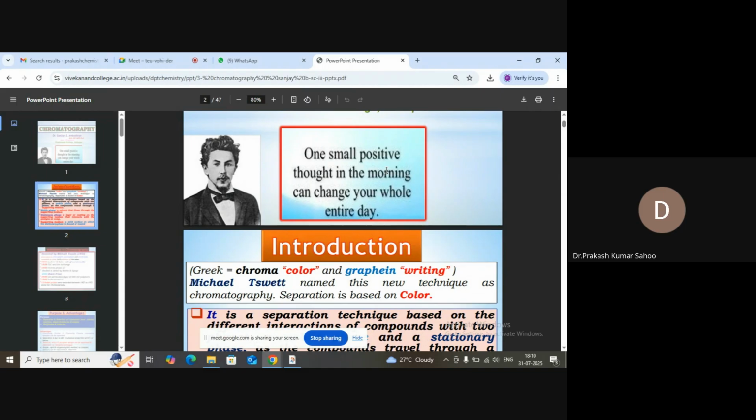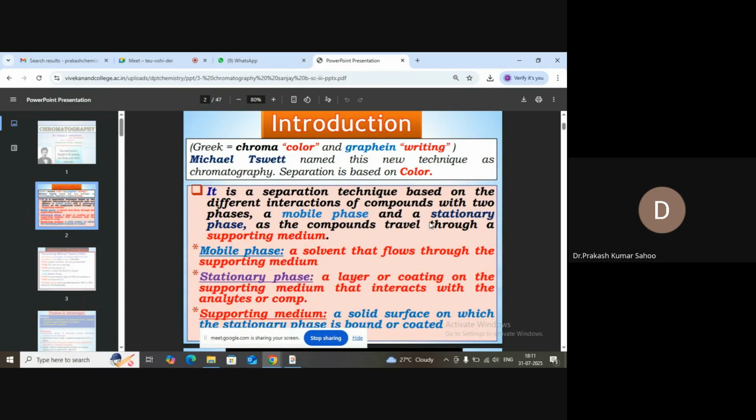So chromatography is related to color components or color pigments from your samples. Michael Tswett named this technique chromatography, that is, separation based on color.